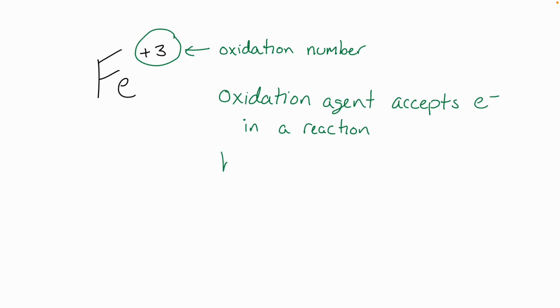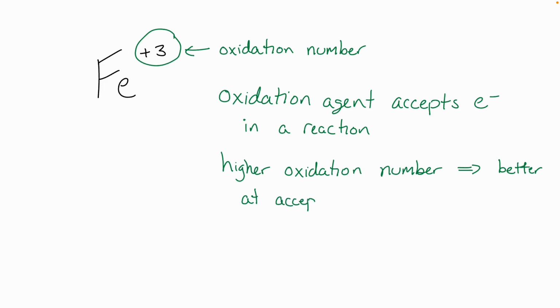So then the higher the oxidation number, the larger that positive charge is. What do we think? Do you think it's going to be better or worse at accepting electrons if it's got a large positive charge? Better, right? So higher oxidation number implies it's better at accepting electrons.